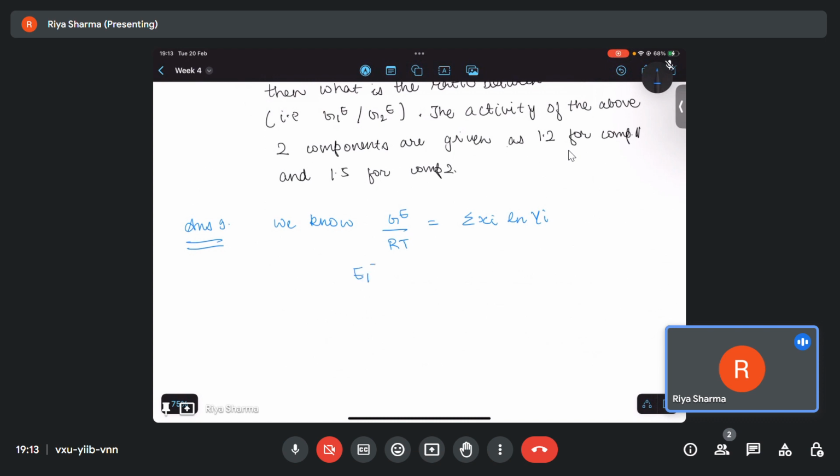So G1E by RT is equal to x1 ln gamma 1 plus x2 ln gamma 2.